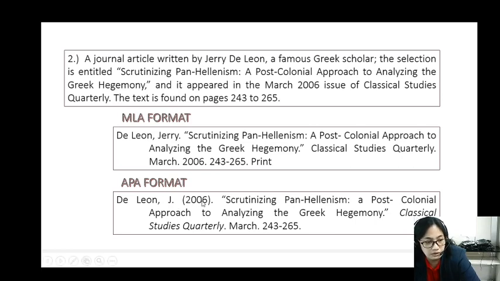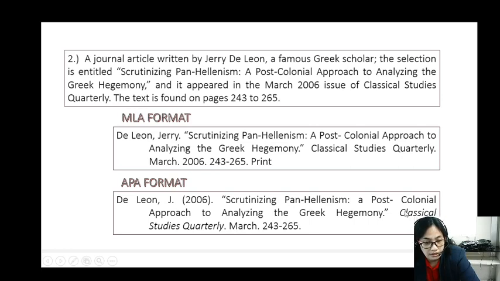Then it is followed by the year it was published, again the title of the article, followed by the name of the journal or the magazine where you can find it, and then the month it was issued and the pages.